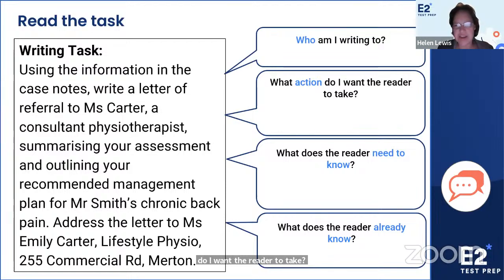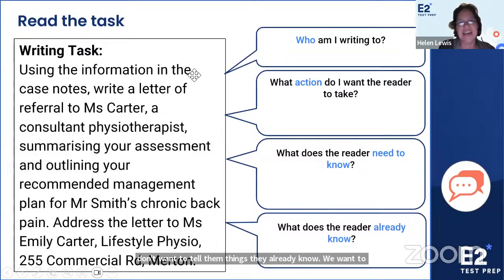And what does the reader already know? We don't want to tell them things they already know. We want to update them really on progress of the patient, perhaps. So take a moment now and put into chat your thoughts on those questions. All right, I'll give you a minute to think through those questions.